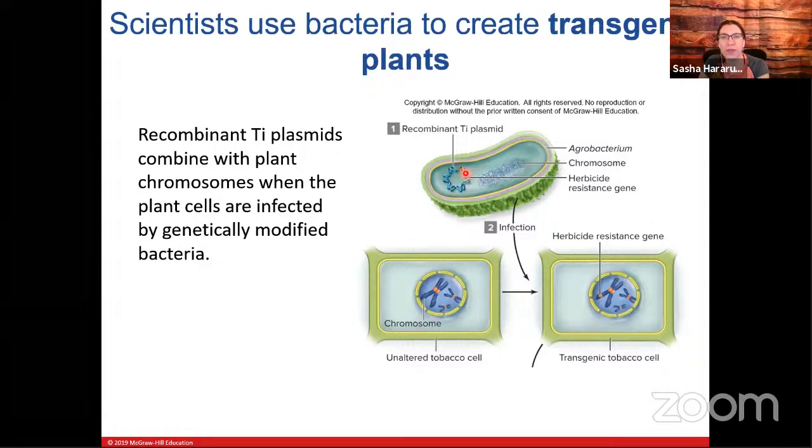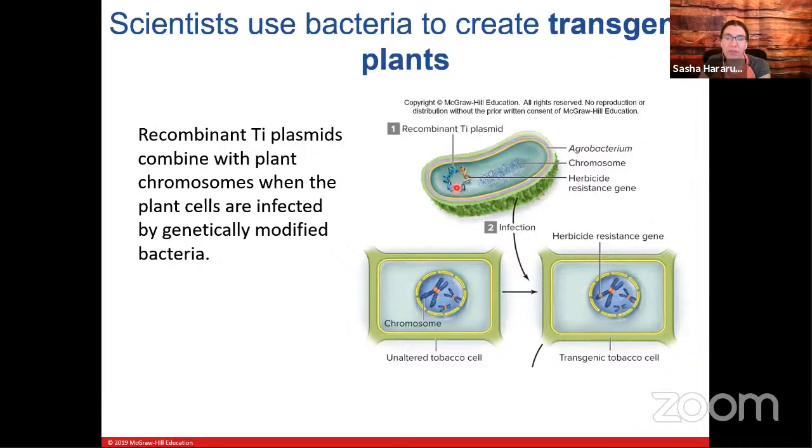So we can genetically engineer this TI plasmid and insert the gene of interest into it, the gene with the recipe for a particular protein, for instance, a protein that helps the plants to be resistant to herbicides.